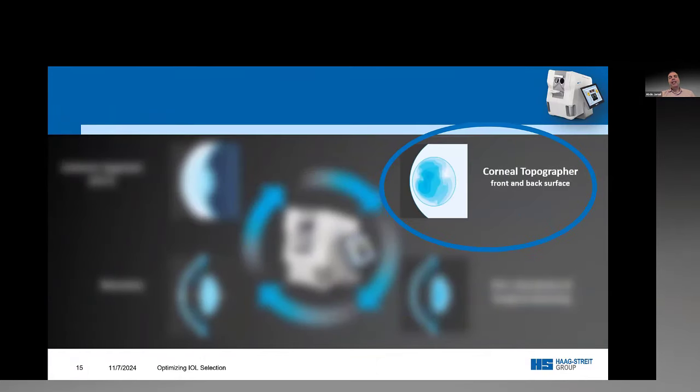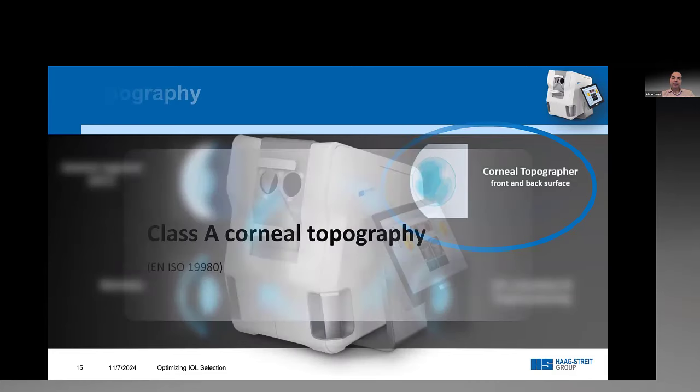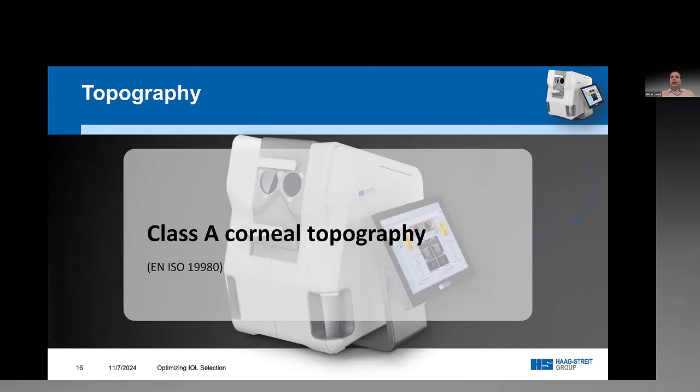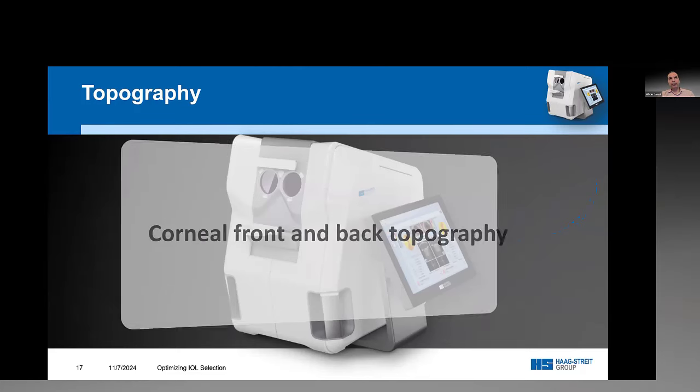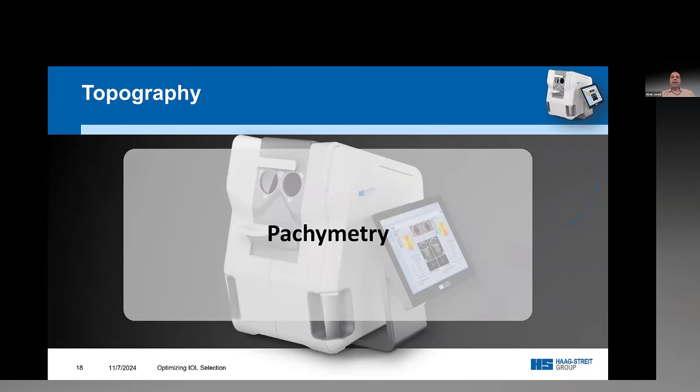The corneal topography is also derived from the OCT data, and it meets the International Corneal Topography Standard. It covers the anterior and posterior sides of the cornea. Also, the corneal thickness is measured.